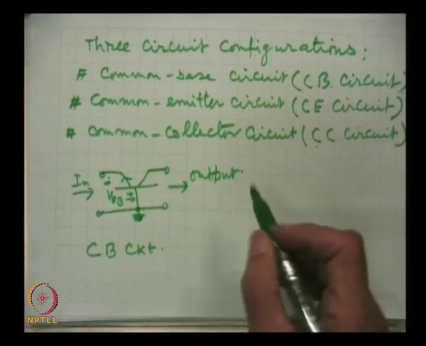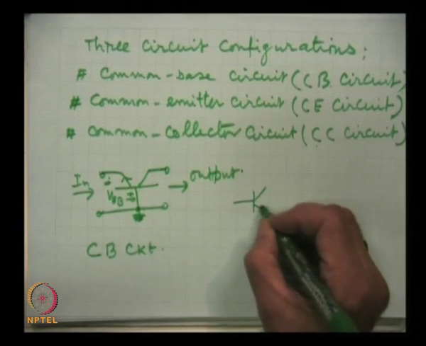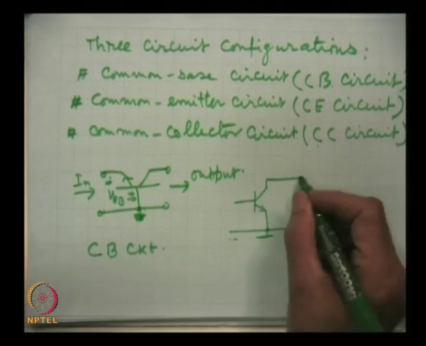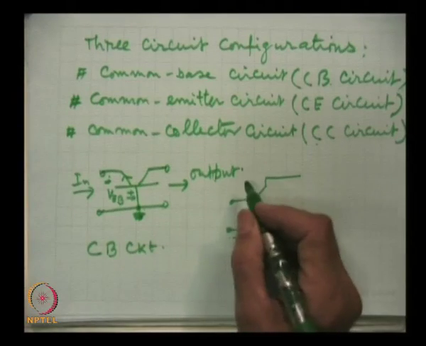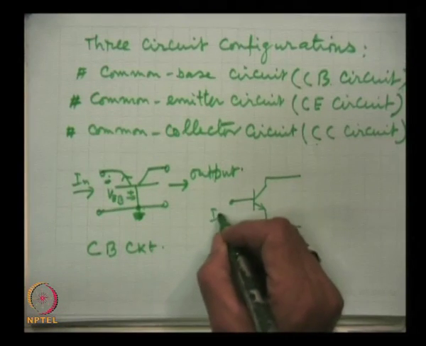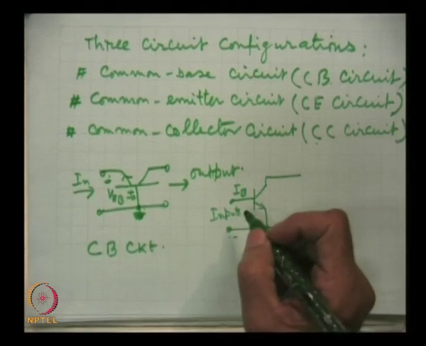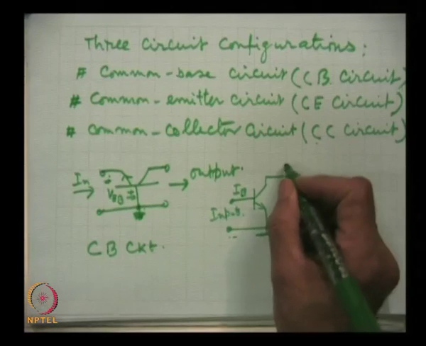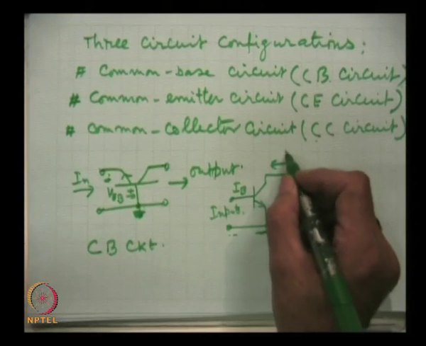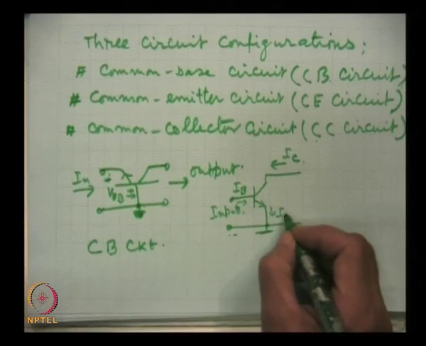This is the other circuit. This is the input, and here the input current will be base current, and output is taken from collector and ground, between collector and ground. So, this is IC and this is IE.